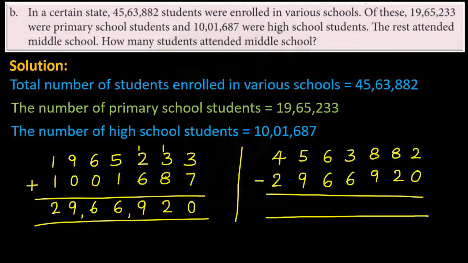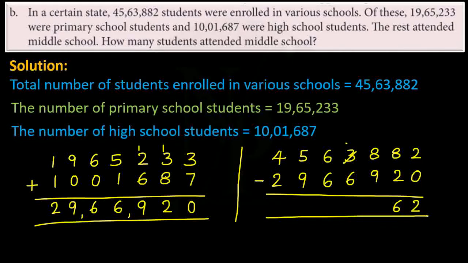Let us subtract now, starting from the ones place. Subtracting 0 from 2, you get 2 as difference. Write down 2 in the ones column. Subtracting 2 from 8, you get 6. For subtracting 9 from 8, regrouping is needed.